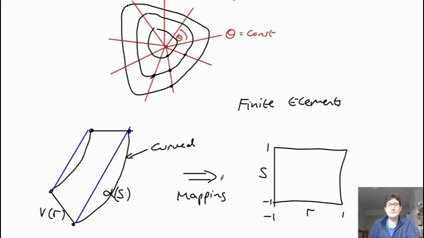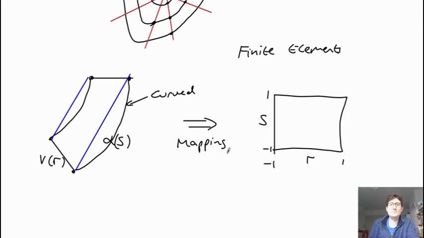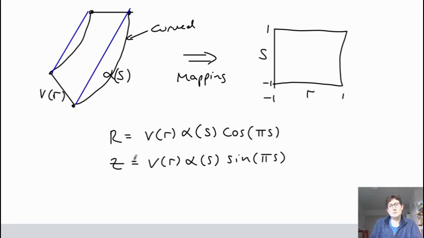And then what we can do is define this mapping so that the shape of the plasma is what we want. So we can define the shape of the plasma in major radius and height as a function v of our coordinate r, where v goes from 0 to 1. So 0 is the axis, and 1 is the edge.